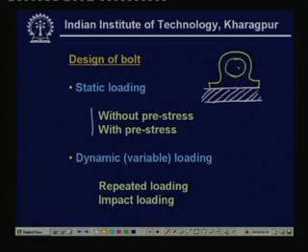So this is a motor, for example, which rotates. Now definitely there will be some unbalance in the motor because of manufacturing defects. And this motor is bolted to the ground.